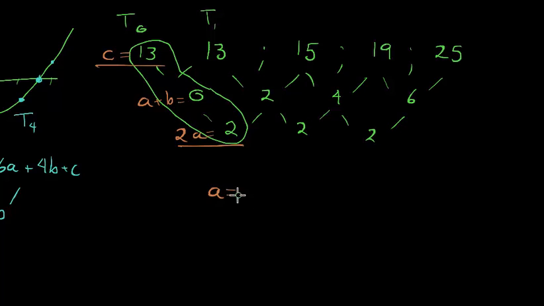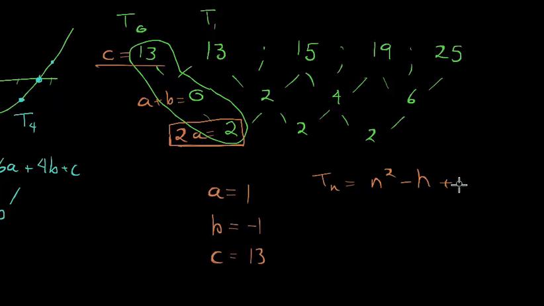Minus B. Yes, okay, A is equal to minus B, but there's an easy way. If 2A is 2, then A is equal to 1. If A plus B is 0, then B is equal to negative 1. C is equal to 13. You see how easy this one is? Tn is equal to n squared minus n plus 13.